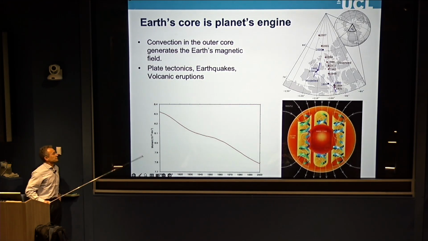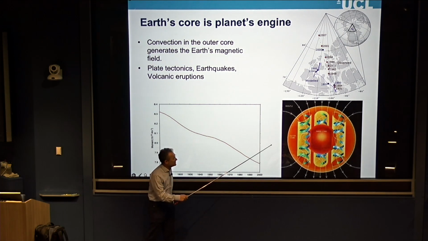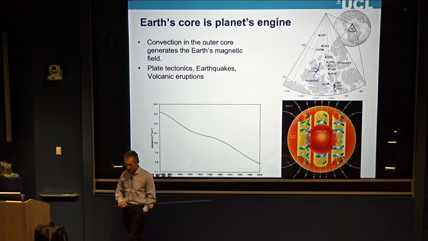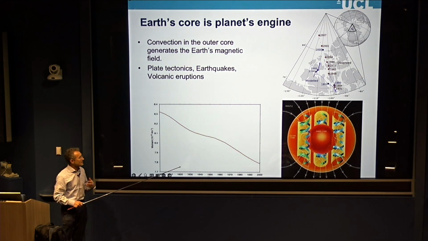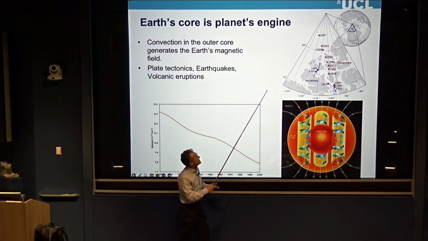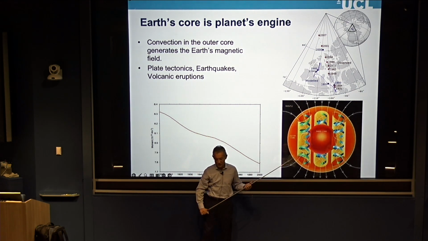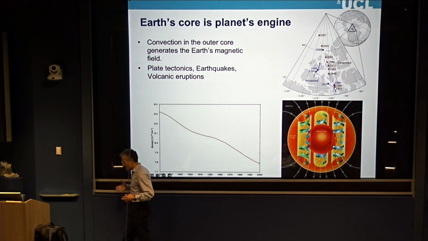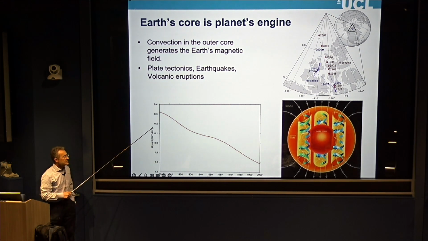Now, the Earth's core is where the magnetic field is generated, and this is a dynamic generation. So it's not a static dipole moment. It's generated dynamically and changes, not on geological time. We can see, for instance, that the position of the North Pole changes on a yearly basis by quite a large amount, and also the intensity is changing.